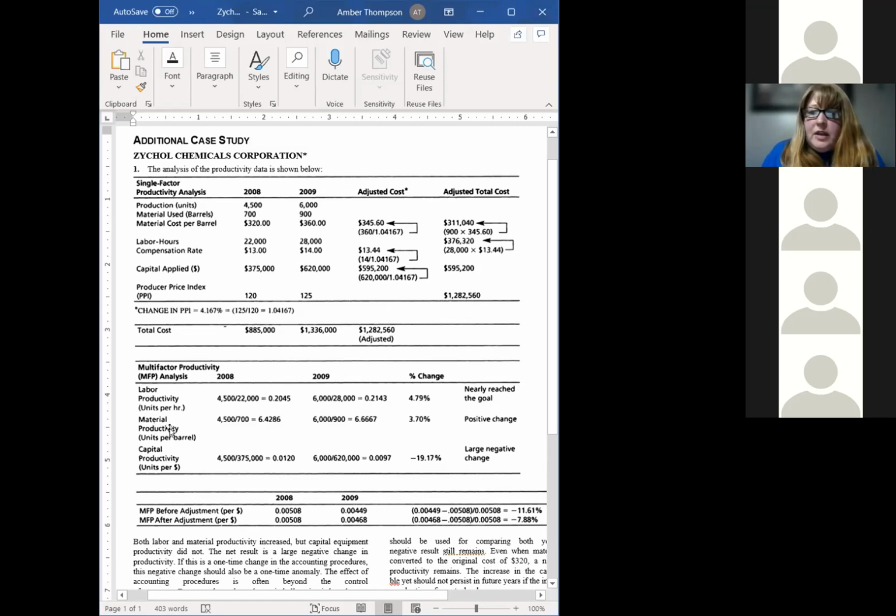And we're looking at it, if we do go through this, this is actually a positive change. And this is a positive change. So the most negative change would have been the capital productivity.